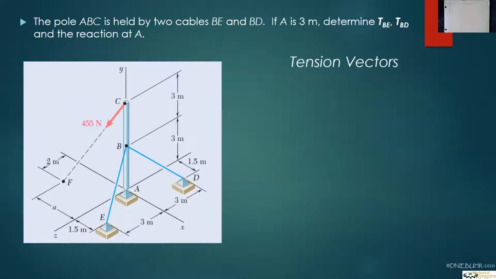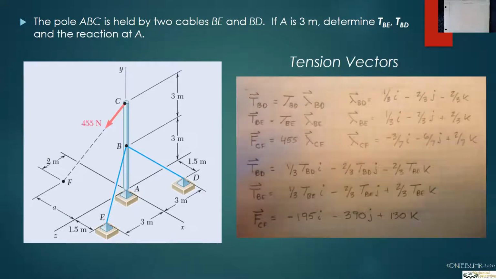First we describe our tension vectors, and this is just right out of chapter 2. We identify our tension BD, tension BE, force CF. Here I'm just writing out the general equation, the scalar value multiplied by the unit vector. The unit vector I've simplified.